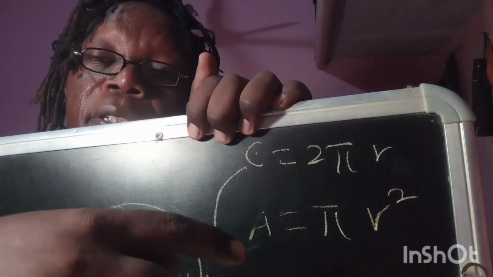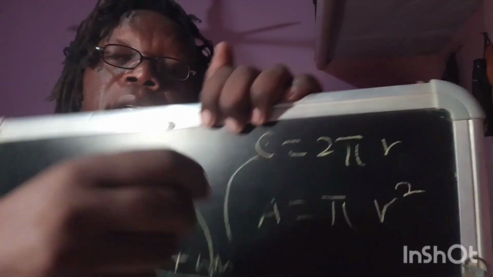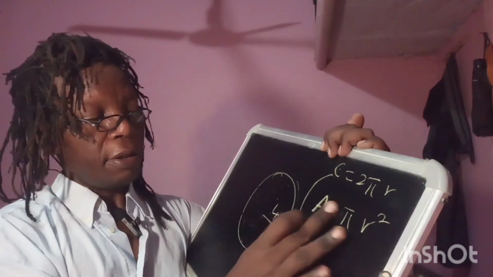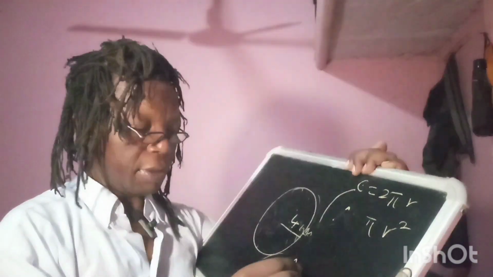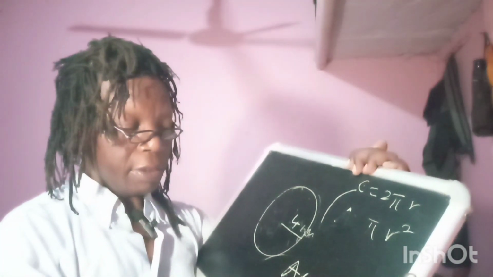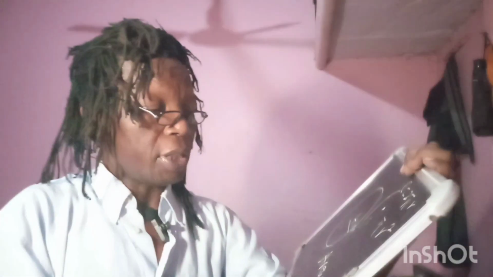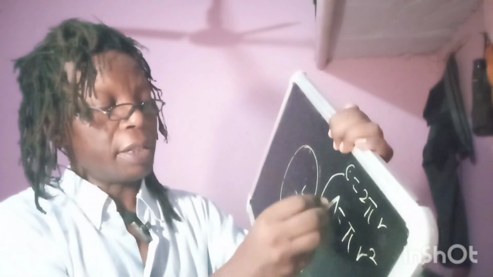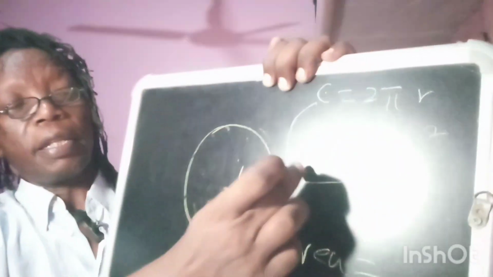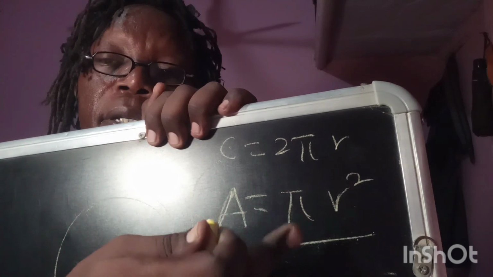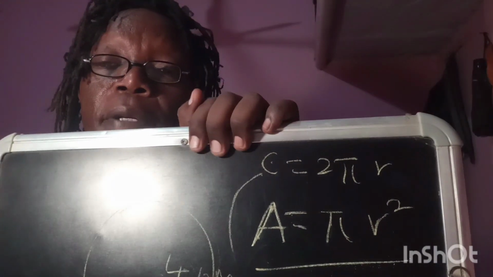Now let me give you the same about the area. I don't know why it's not appearing clear here. Area of a circle is equal to pi r squared. A stands for area. Now I'm giving you homework.